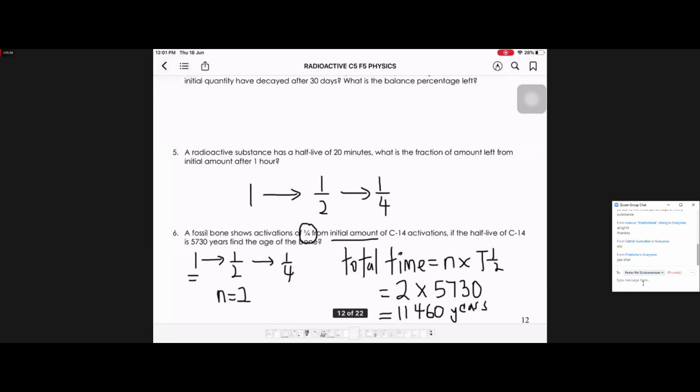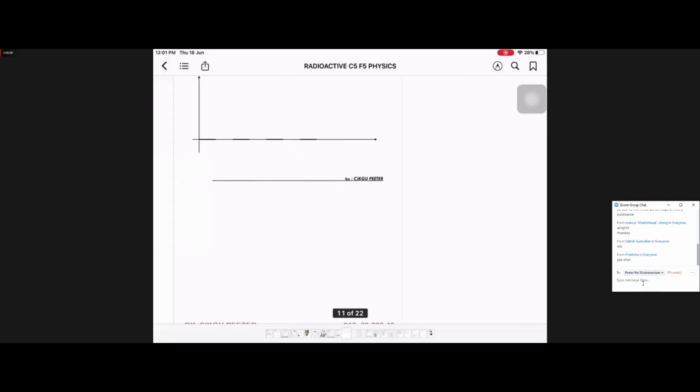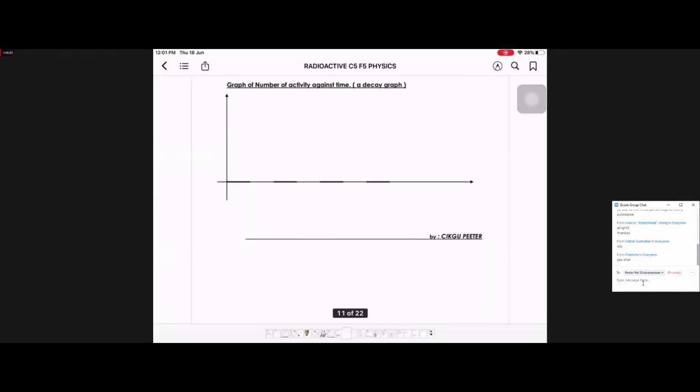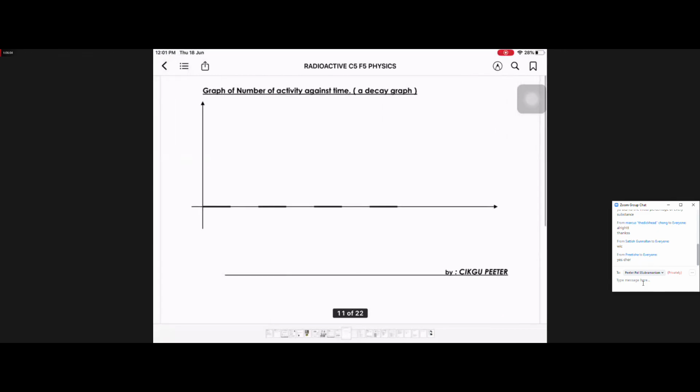One more thing to do. See here, this is the graph of activity against time. How to look at the graph of activity against time? First, you have to give one amount. Let's say you put one amount. This is the initial amount, remember, N0, right?